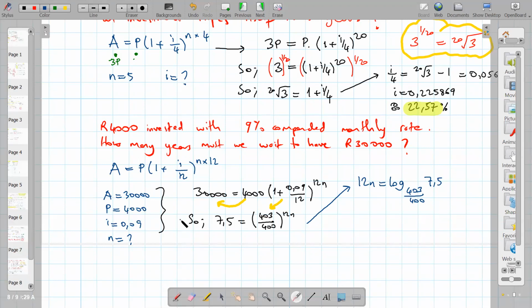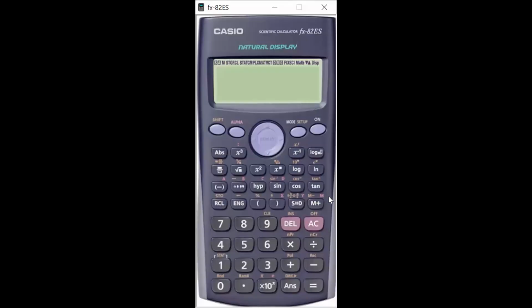Okay, then I have to force it. So now I could write below, 1 plus 0.09 over 12. You see, it's not wrong. Instead of writing 403 over 400, you can write this, and on the top, I can write 30,000 divided by 4,000. It's the same thing.